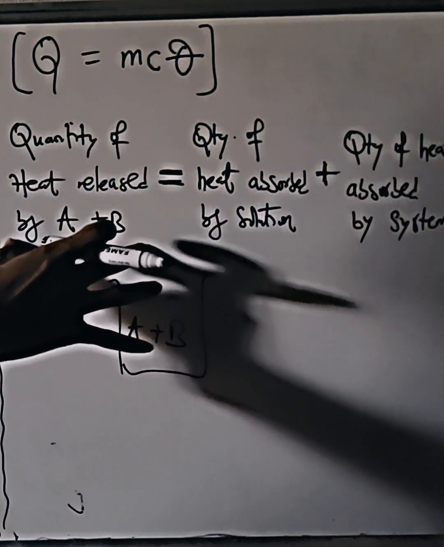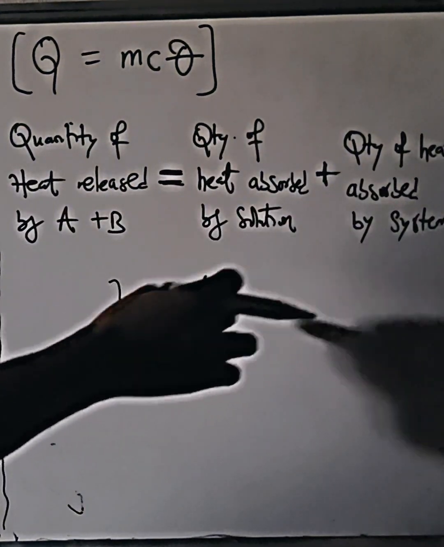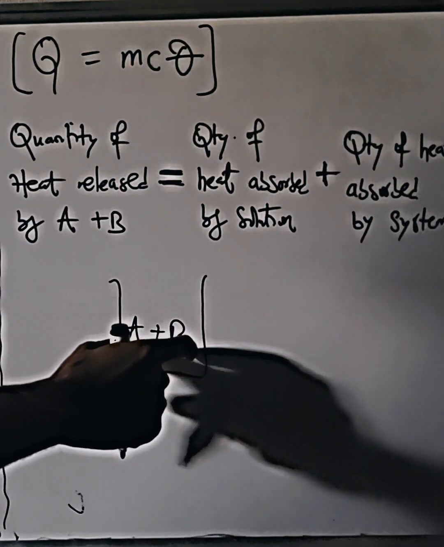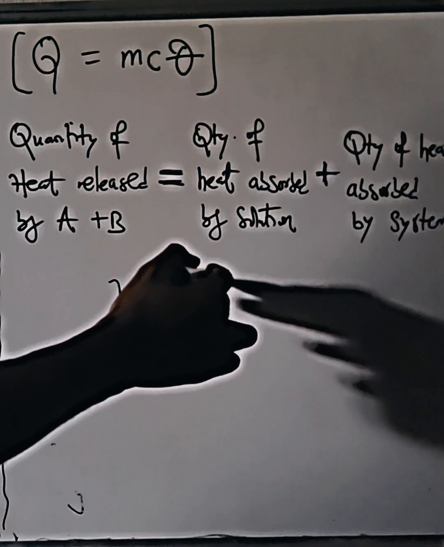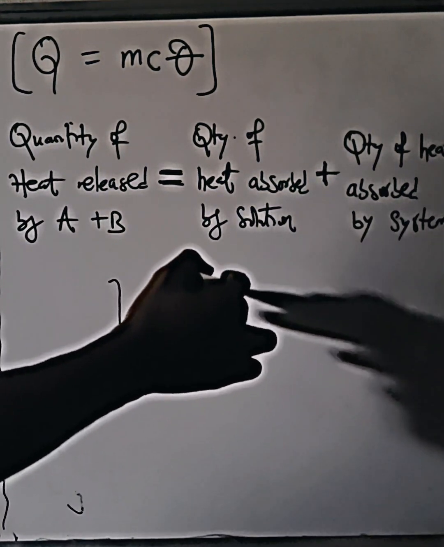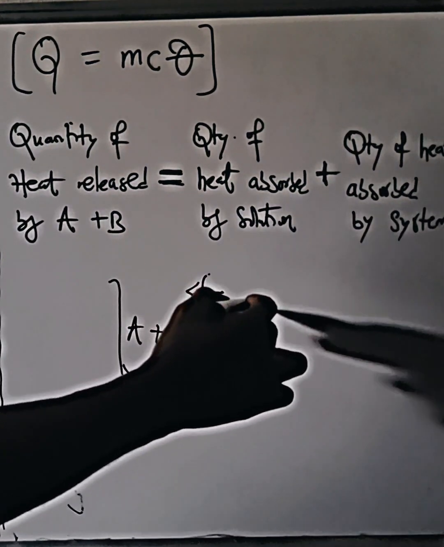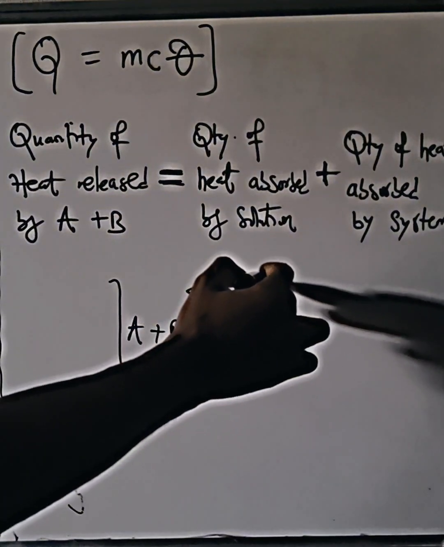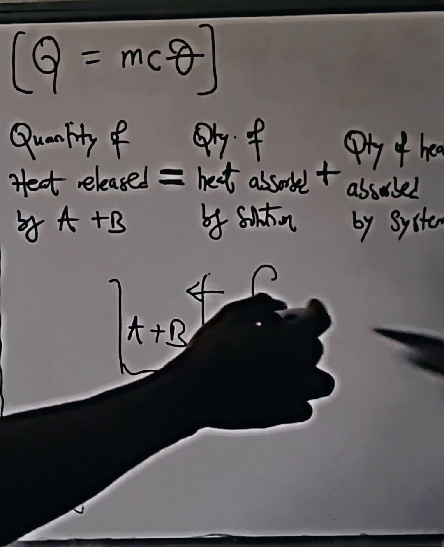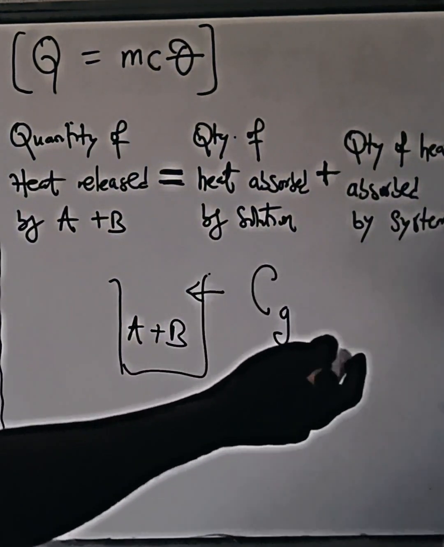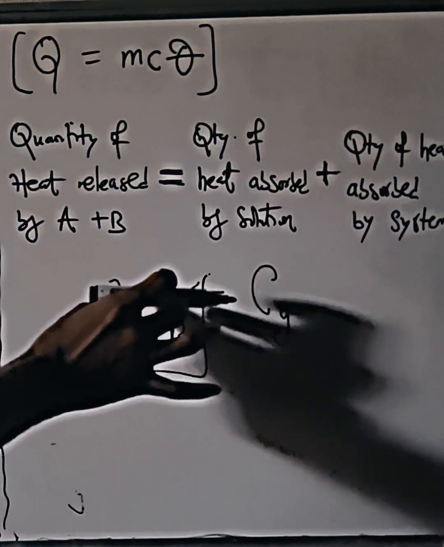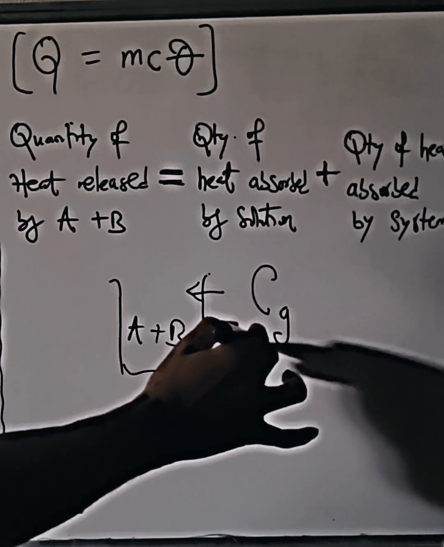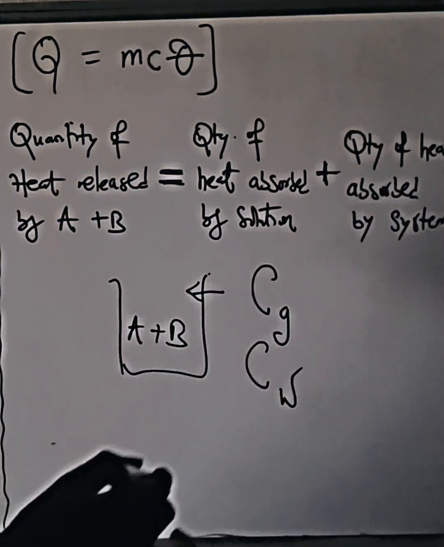Now the quantity of heat absorbed by the solution, we're going to record that, and the quantity of heat absorbed by the system is this beaker itself. That's why we are looking at the specific capacity of glass, because the beaker is made of glass. Then we're going to liken the specific capacity of the acid and base to that of water, being a dilute solution.